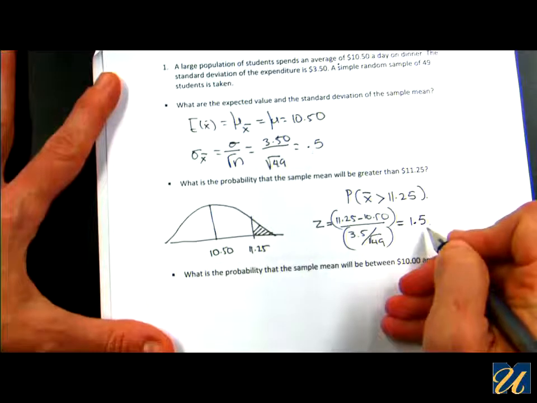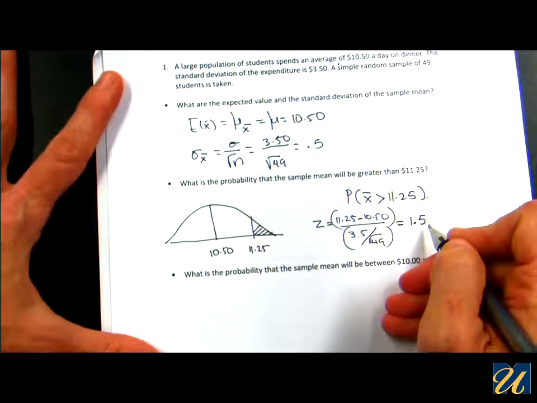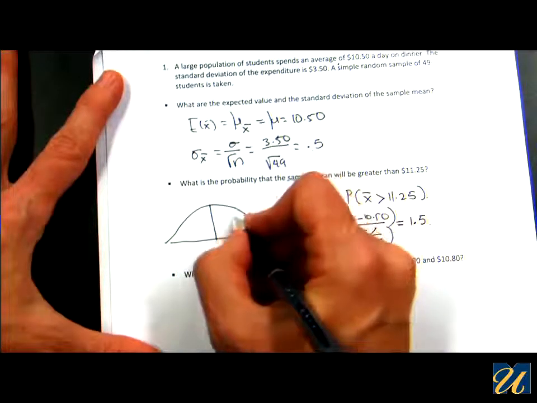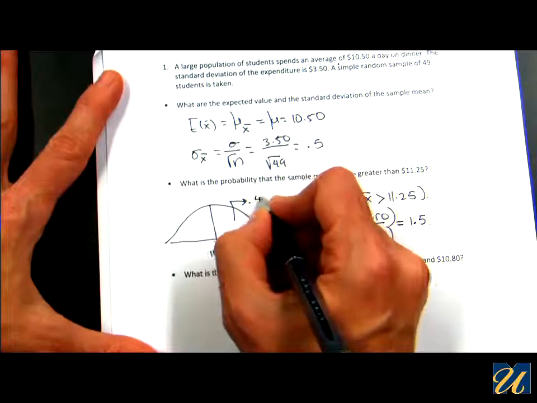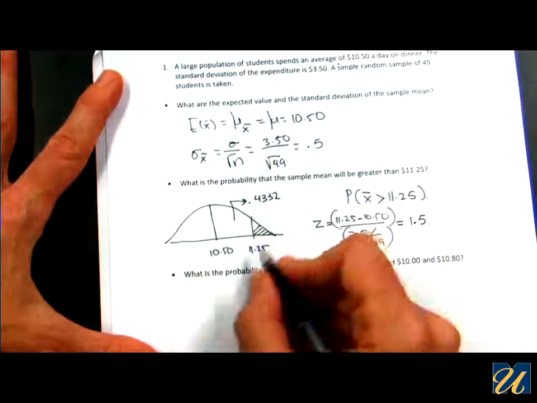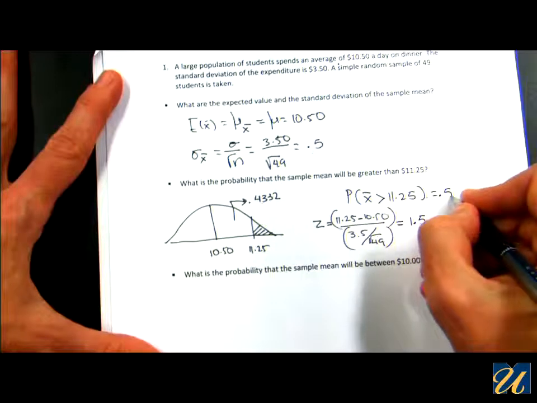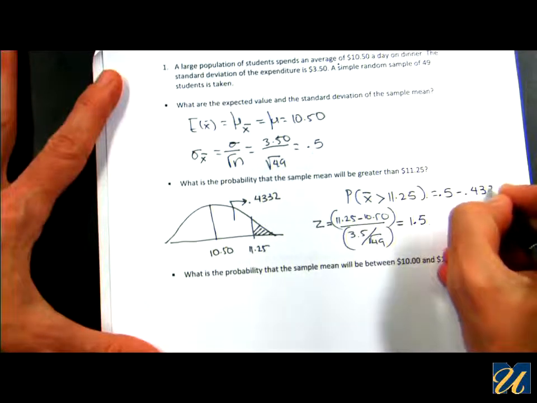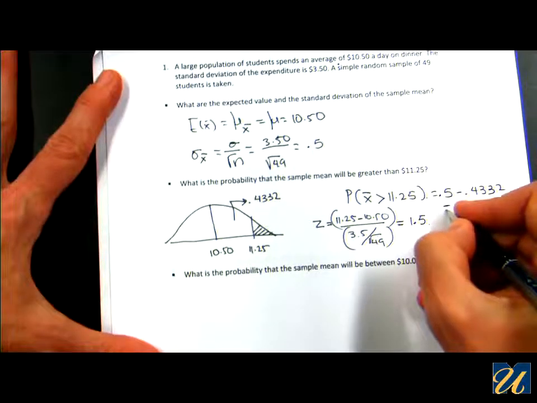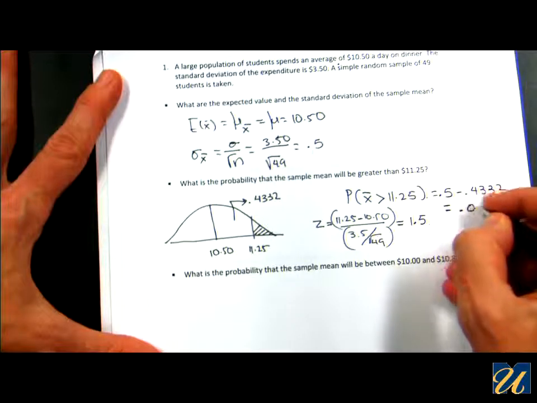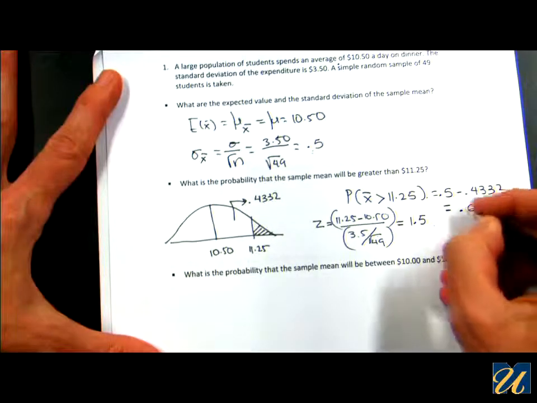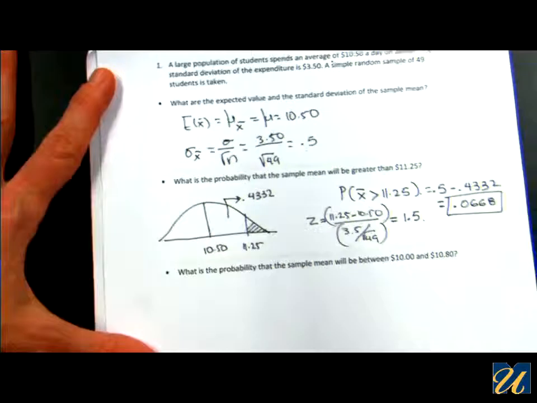If we look it up on our z table, 1.5 will give us a probability of 0.4332, and since I'm looking for a tail, 0.5 minus 0.4332 will give me a probability of 0.0668, and this will be your answer.